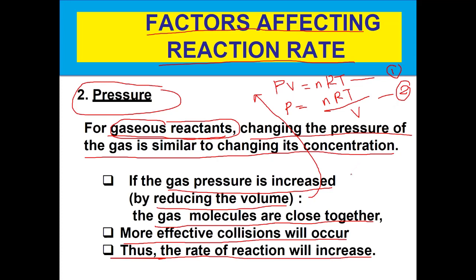From equation 2, P is directly proportional to 1 over V. Now when we increase the P, the V must be reduced. V here is volume, P here is pressure. This is the relationship between the pressure and the volume. When we increase the P, the volume is reduced, and then the gas molecules are close together, then more effective collisions will occur, and then the rate of reaction will increase.